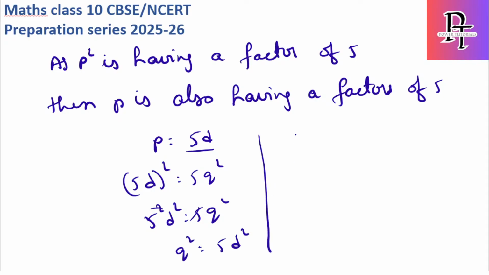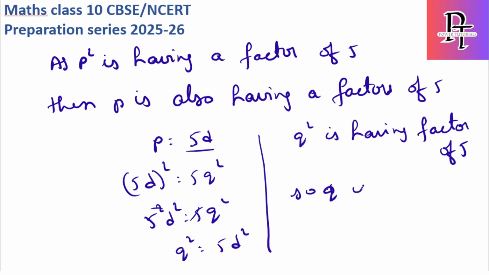So from here q square has a factor of 5, so q also has a factor of 5. Which contradicts our previous statement where I mentioned p and q are coprimes.